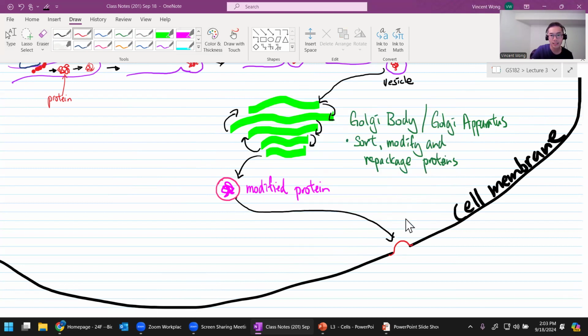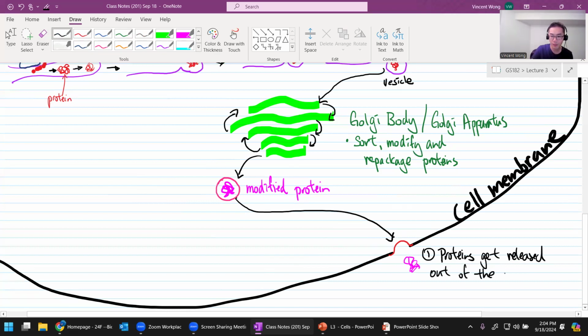So that's one of the options. Proteins get released out of the cell. Maybe you need this right away, whatever this protein is. Maybe you need it in the bloodstream, so you shoot it out of the cell. Now it goes in the bloodstream, travels all over the body doing its thing. That's one option.